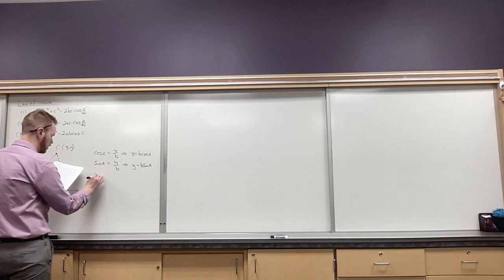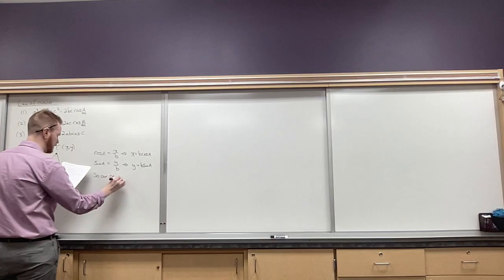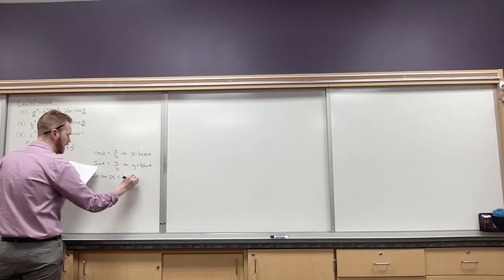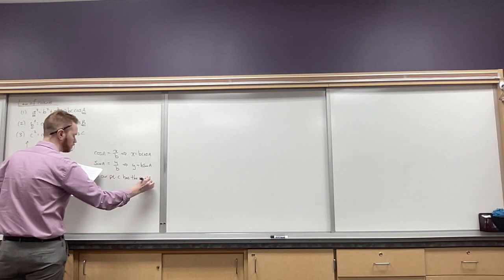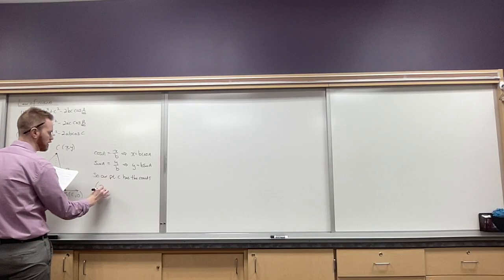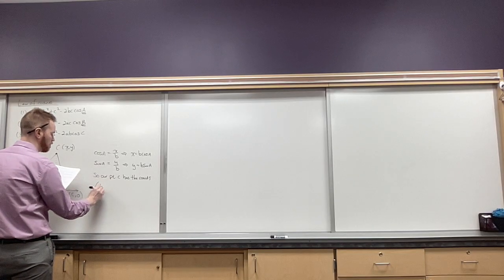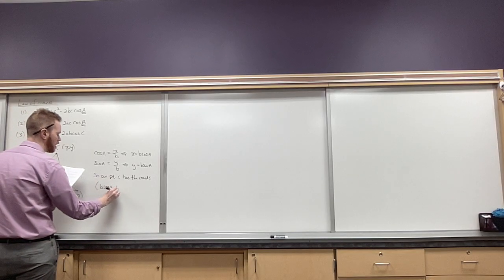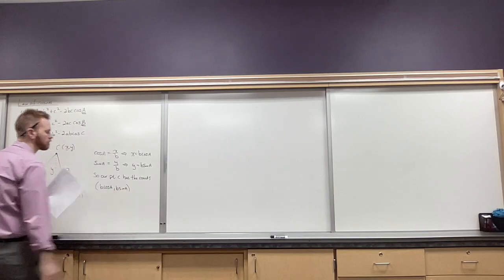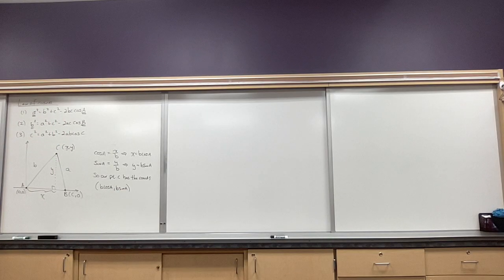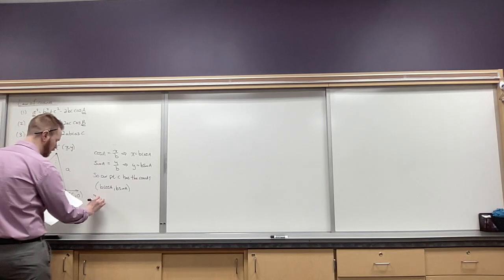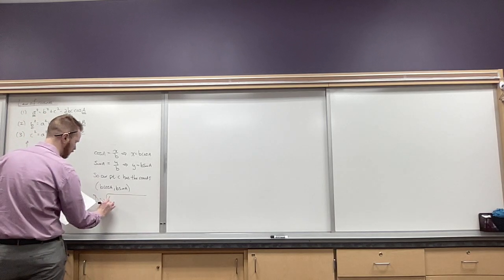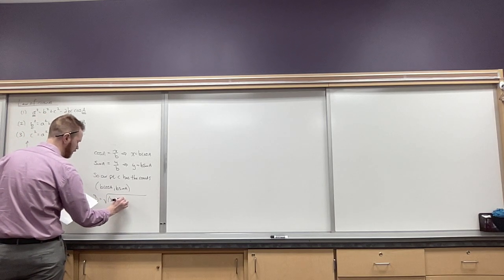So our point C has the coordinates, and I'll put them in the actual brackets here: b cosine of A and b sine of A. Okay, so now we actually have a set of coordinates that we can use, and that's going to help us to find the distance between these guys. All right, so using distance formula, let me just rewrite what that formula looks like. A little reminder.